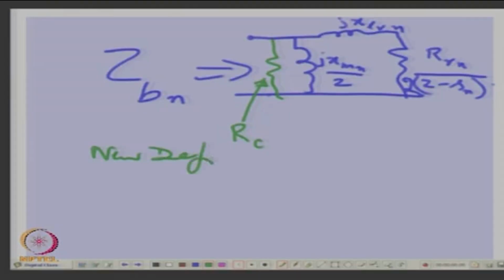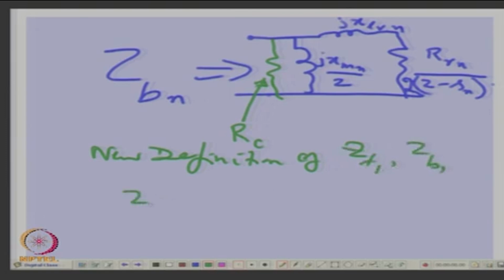Okay. Right. So, my new definition, definitely a new definition, of say Z_F1, Z_B1.